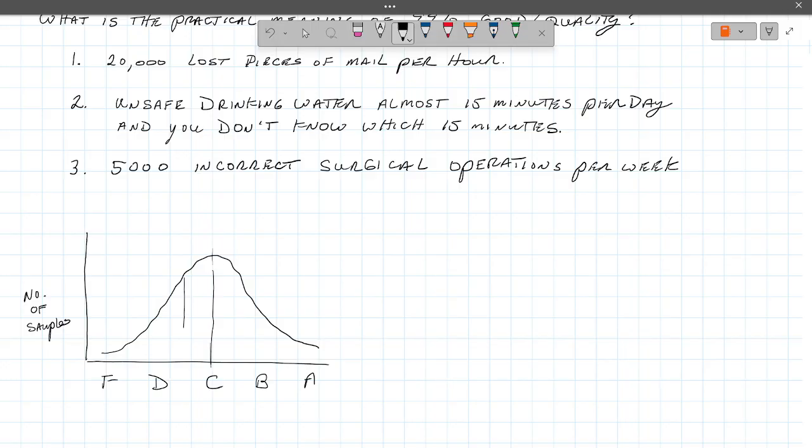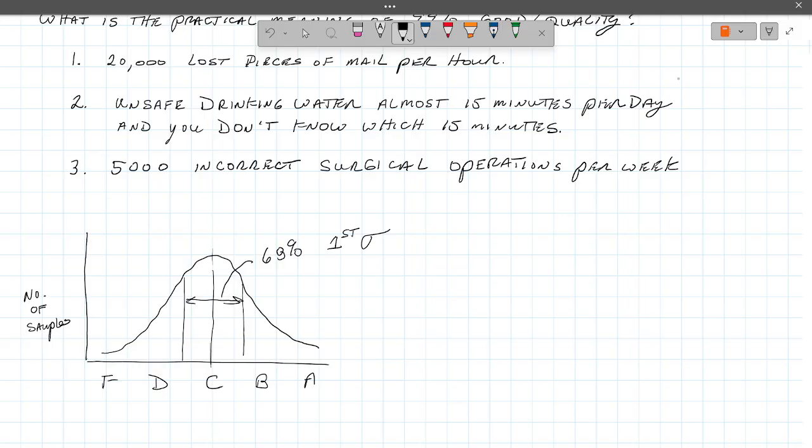Turns out across here, when you pull samples, that's 68% of the population of the samples. Okay. That's called the first standard deviation.